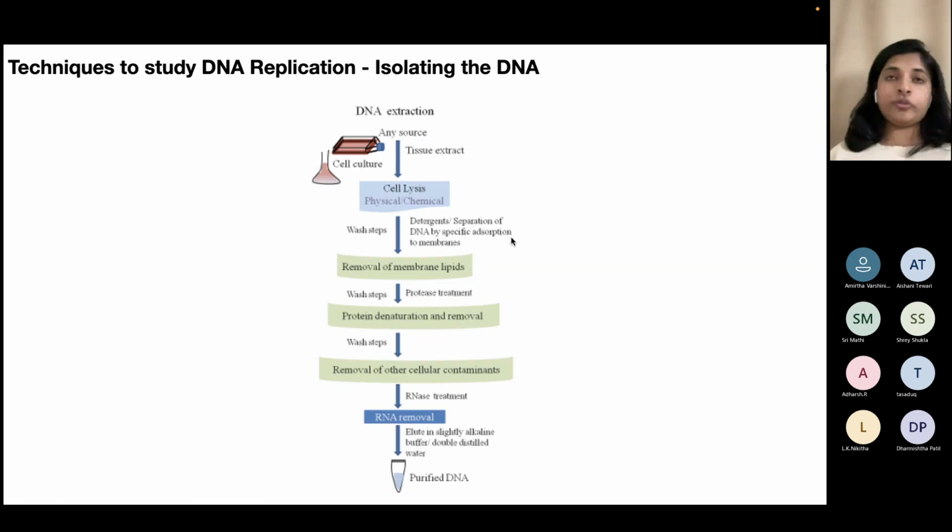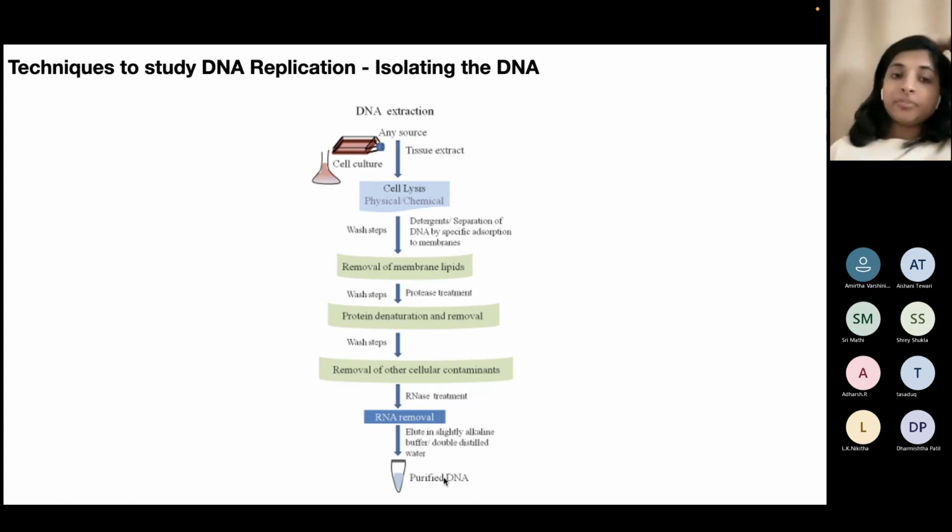The detergents will help remove the membrane lipids, which leave along with the detergents, and you keep on washing. Finally, you add proteases to remove the protein contamination and RNases to remove the RNA contamination, and ultimately you get purified DNA that you can use for your experiments.